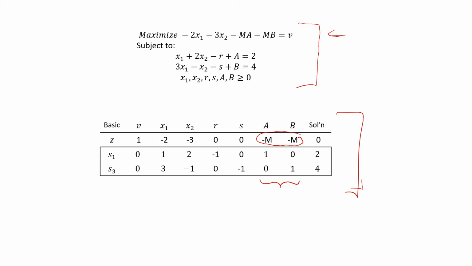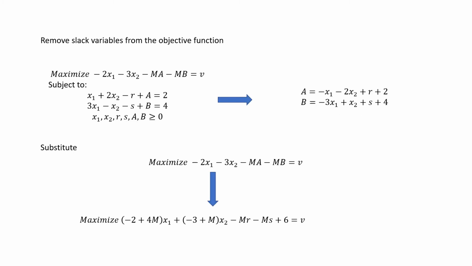So how do we do that? Well, take a look at what you have in your constraints. Each of your basic variables appears in a single constraint, and those constraints are now equalities. So we can rewrite those constraints, and by rewriting the constraints, we can make an equality for each of them and get rid of them. So here we have our maximization function. We have our constraints. Rewrite those constraints where A equals something and B equals something. That's all I've done here.